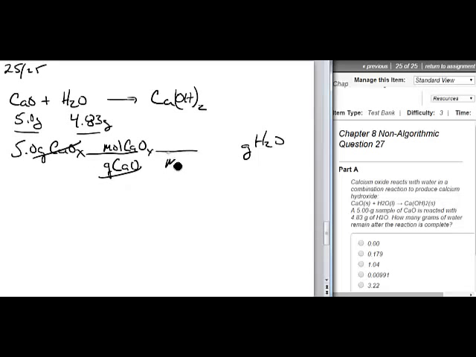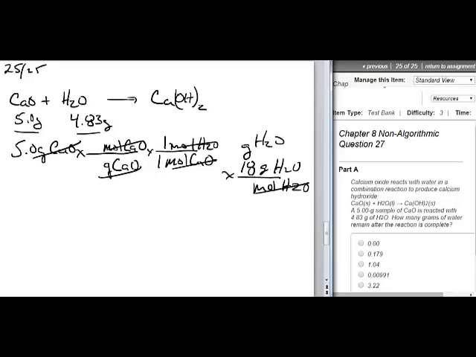Now we've got to get rid of moles of calcium oxide and make that moles of water, and that's a 1-to-1 ratio. And that cancels those units, and then we need to get rid of moles H2O. That cancels with that, and we put in grams of H2O, and that's 18 there.